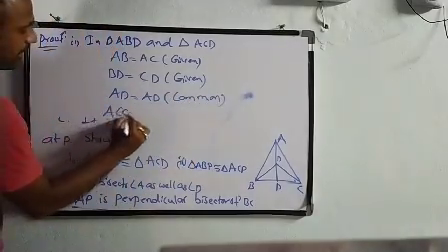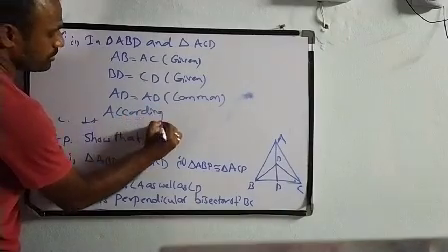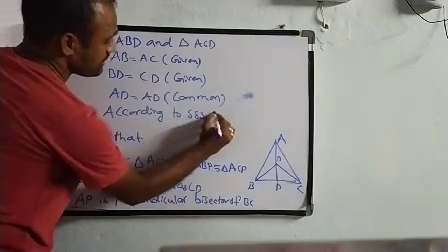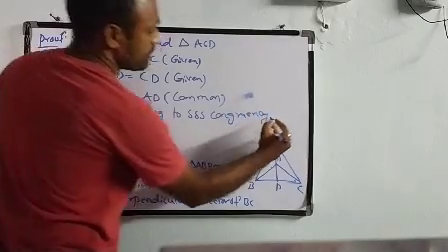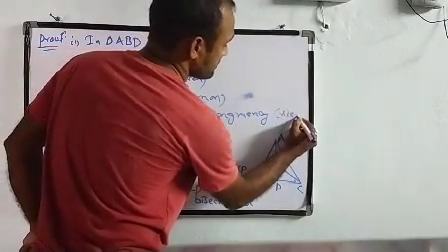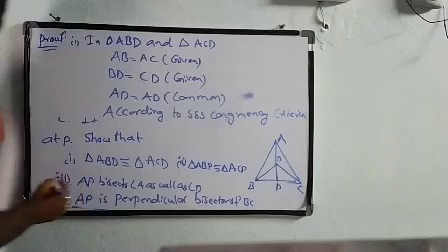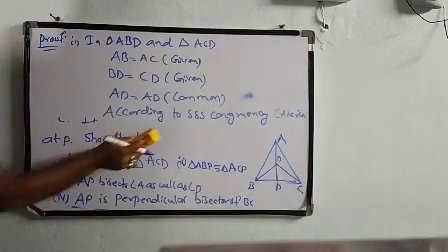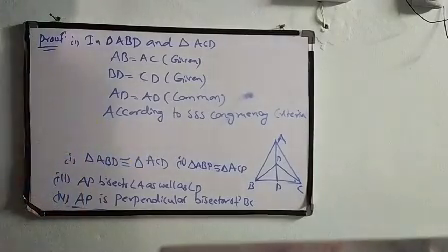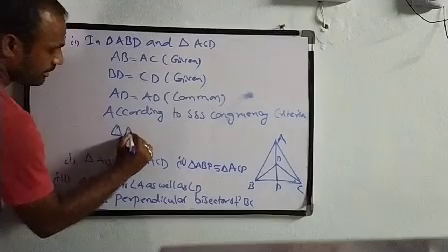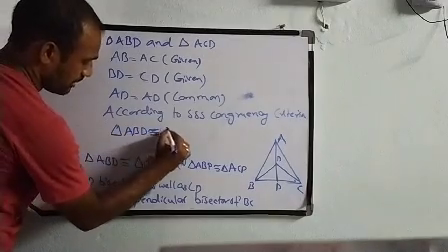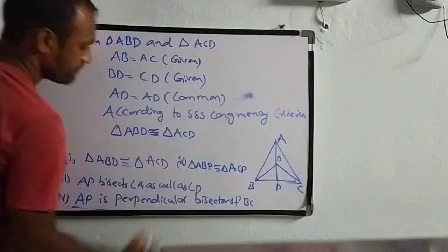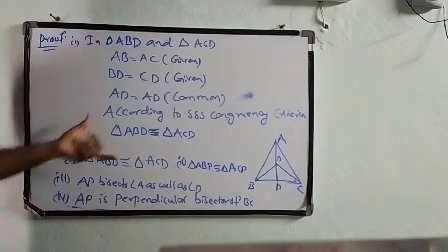So according to SSS congruency criteria, we can write triangle ABD is congruent to triangle ACD. So this is the first proof we needed.